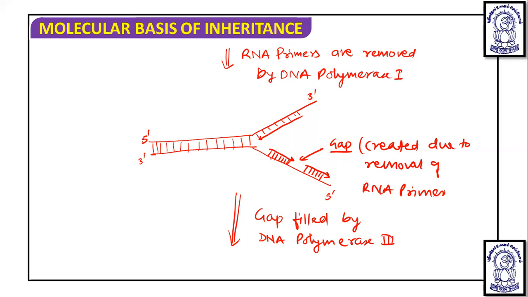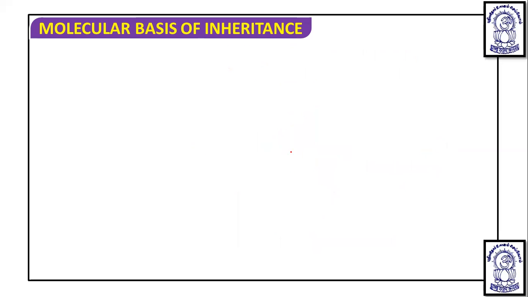And when DNA polymerase 3 fills the gap, it will sit at this position and it will synthesize the further strands of DNA. So when DNA polymerase fills the gap, the DNA will look like this.